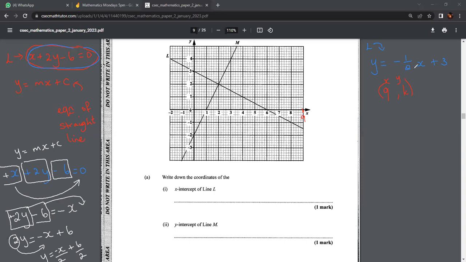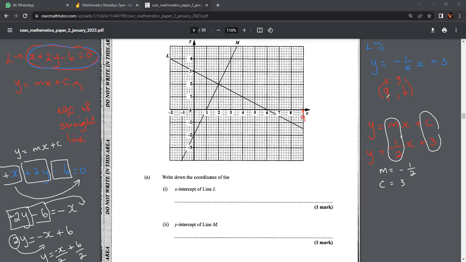So from L, remember we got y = -1/2 x + 3. I can tell that my gradient m is -1/2. My y-intercept c is equal to 3.